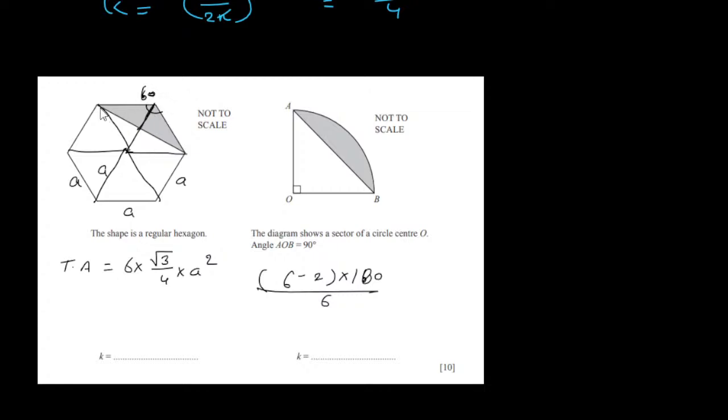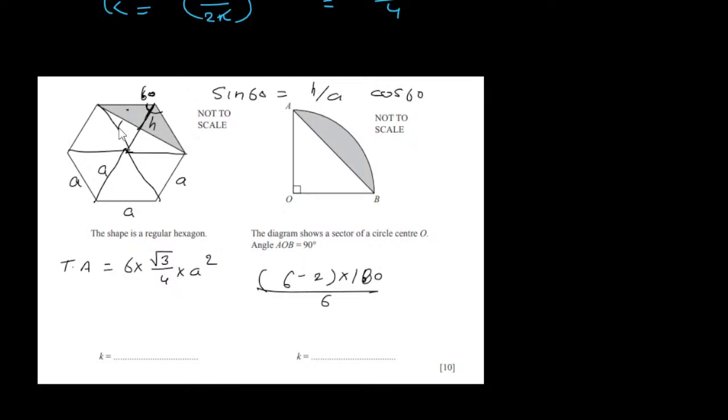Now in this triangle, this angle is 60 degrees. Base and height, if I see, if I apply sine 60, this is height h upon a, and this is cos 60.